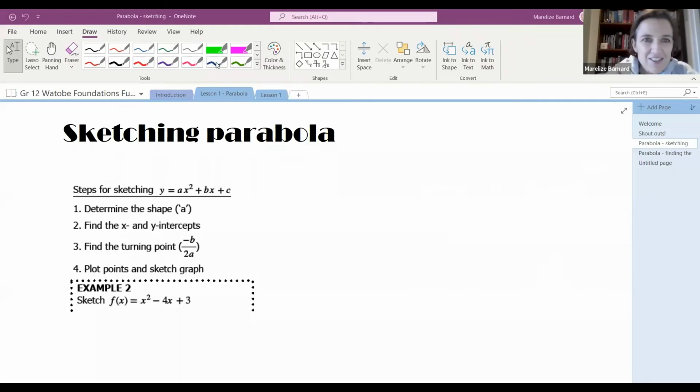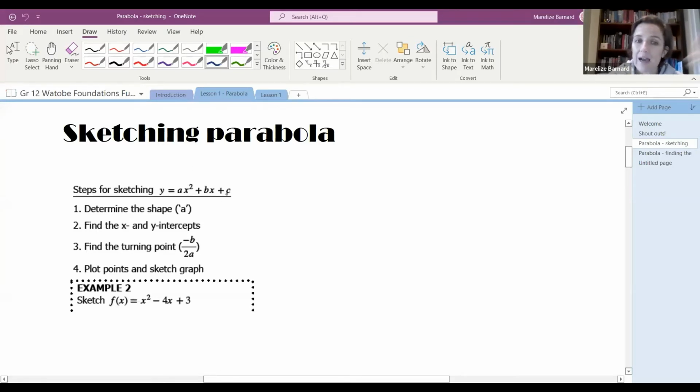Okay. So since everyone's giving me a roaring thumbs up, let's get going on sketching. Your recipe for sketching is always the same. And when I say recipe, it just means that these are the things that we find each time we sketch a parabola and any other graph, basically. First of all, we need to look at the shape.